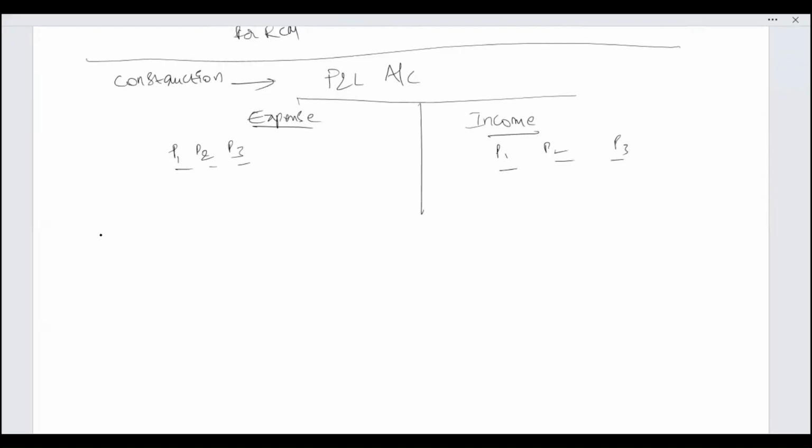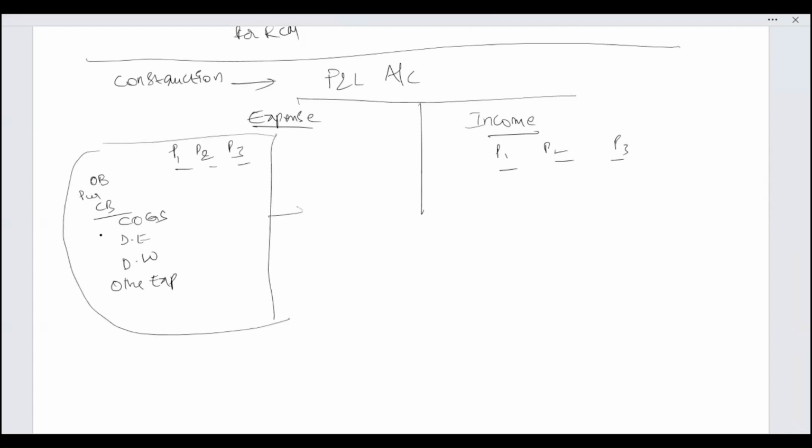In case of expenses, in case of raw material: opening stock, your purchases, your closing stock gives your consumption, COGS, then direct expenses, your direct wages or direct labor, other expenses. Now, this is where I have to maintain a track for Notification 9 of 2019.